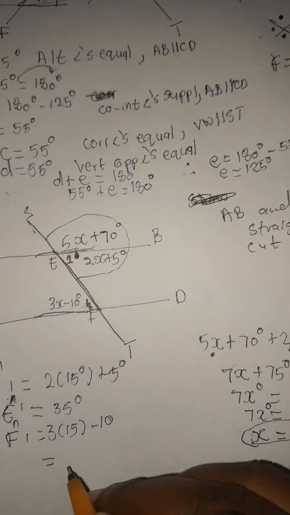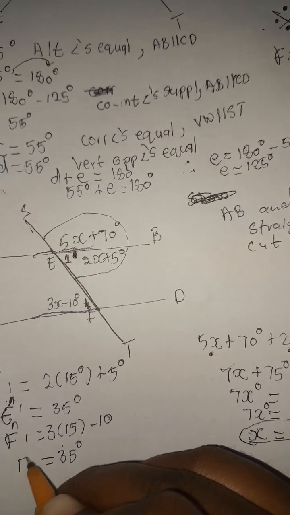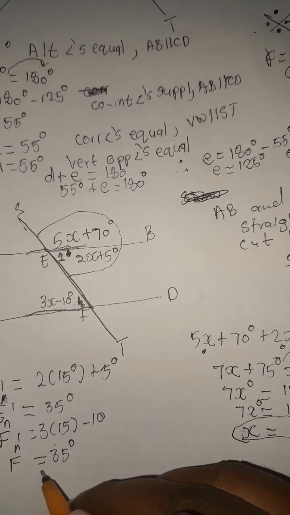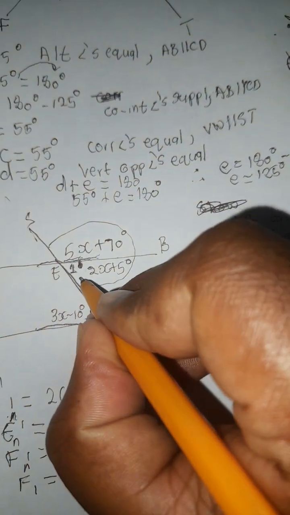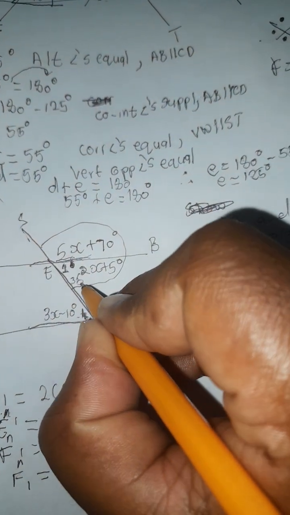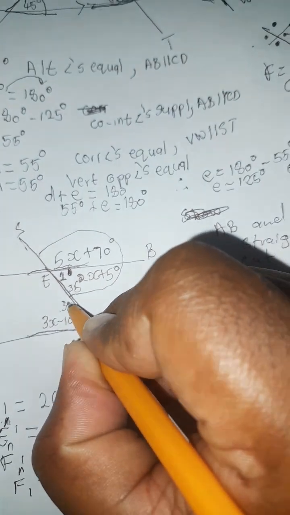That will be 45 minus 10, that will be 35 actually. Both F1 and E1 are 35 degrees, meaning that this part is 35 degrees and this part is also 35 degrees. So what does that mean?